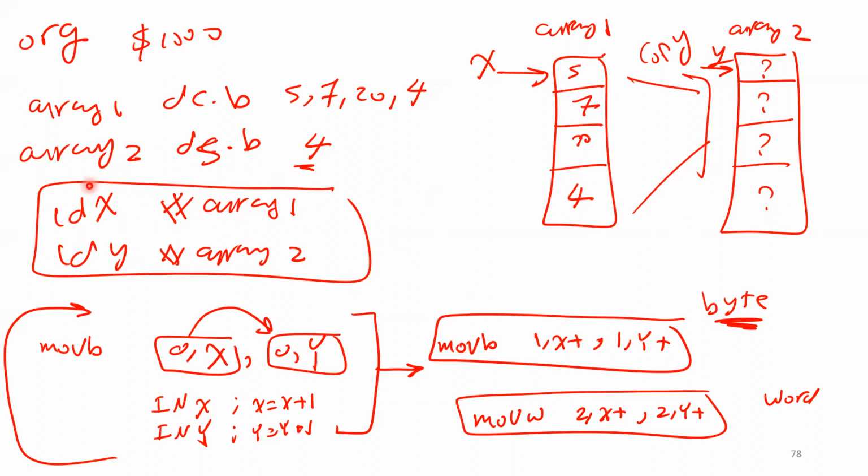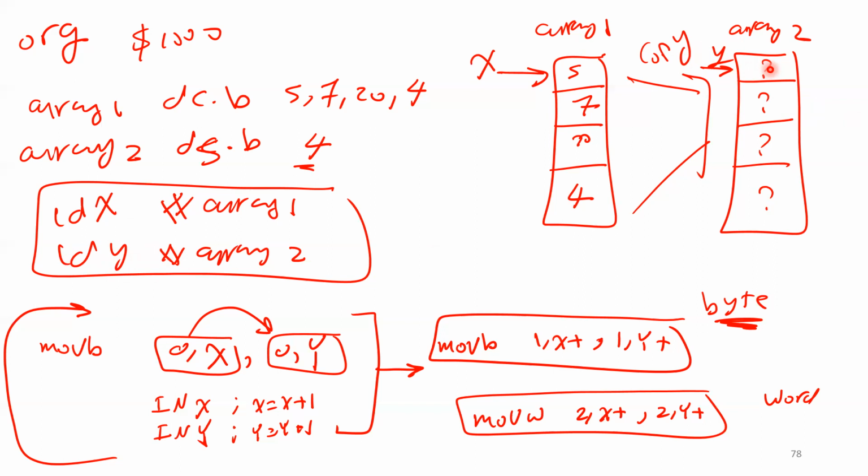This is how you can initialize X with the beginning address of the array, because array 1 is going to be replaced by the beginning address. Array 2 is going to be replaced by the beginning address. So after I execute this instruction, X is storing the beginning address of this array. Y is storing the beginning address of this one. We are going to do it all the time. I explained last time. This is how we can initialize X and Y.